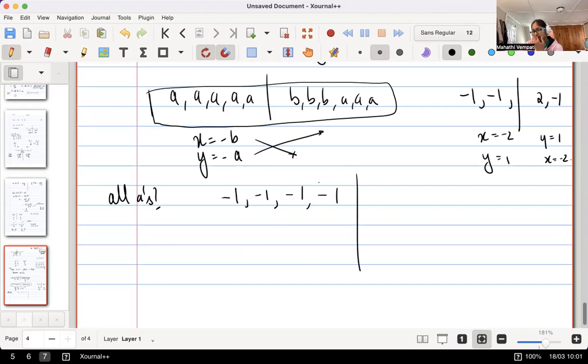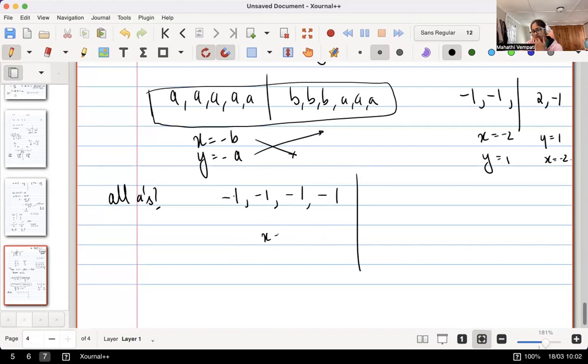And you need their product to be minus A. There's literally only one option, which is the all negative ones option, because if this were anything else, their product couldn't be minus A. So it literally can be only all ones. Okay.